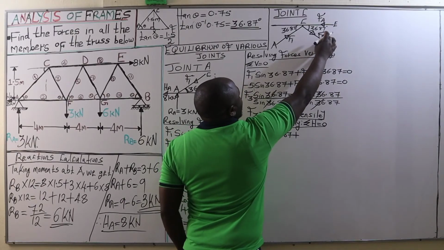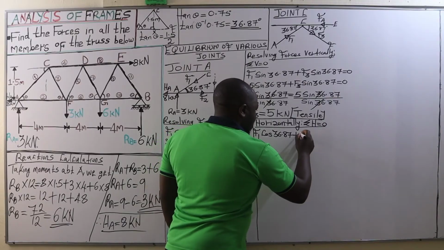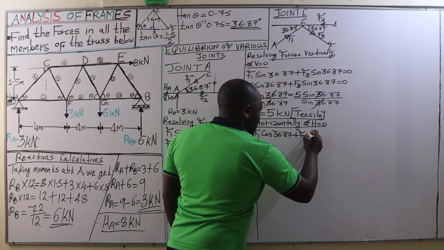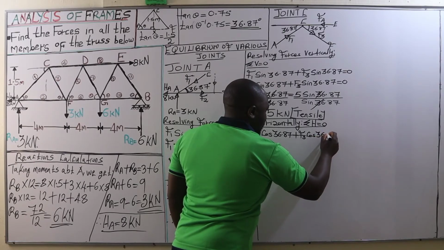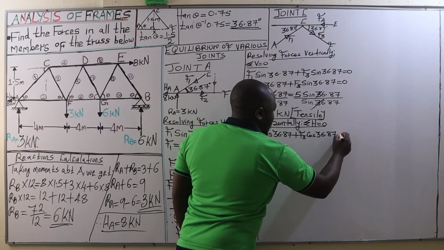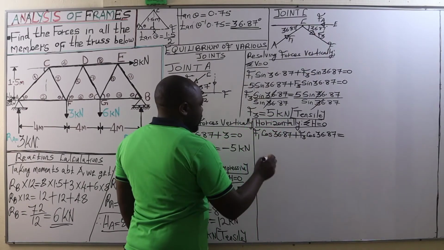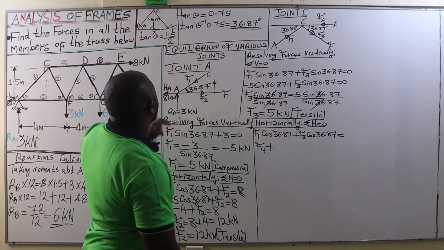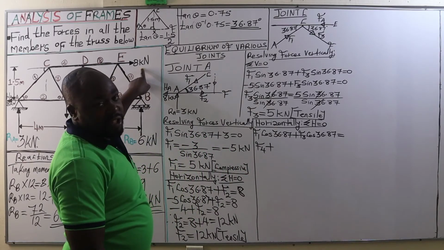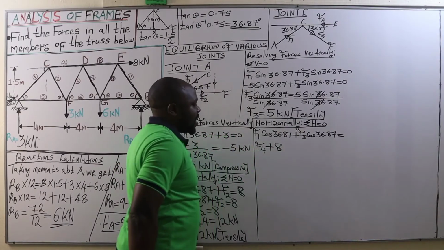plus F3 multiplied by the cos of 36.87. So F3 cos 36.87 is equal to F4 plus this horizontal force of 8 kilonewtons, therefore plus 8.